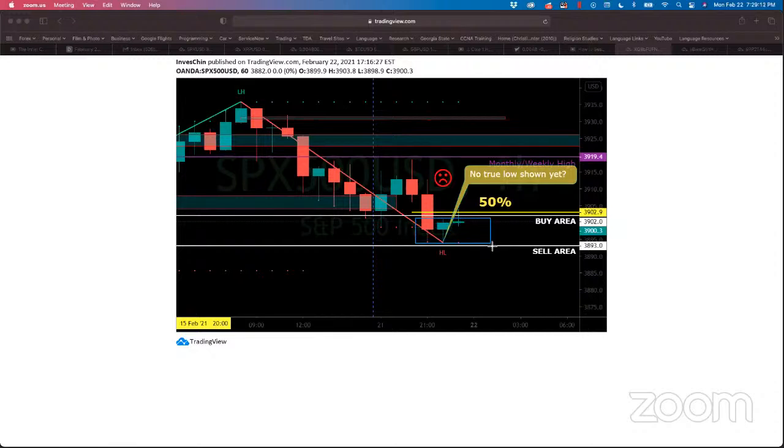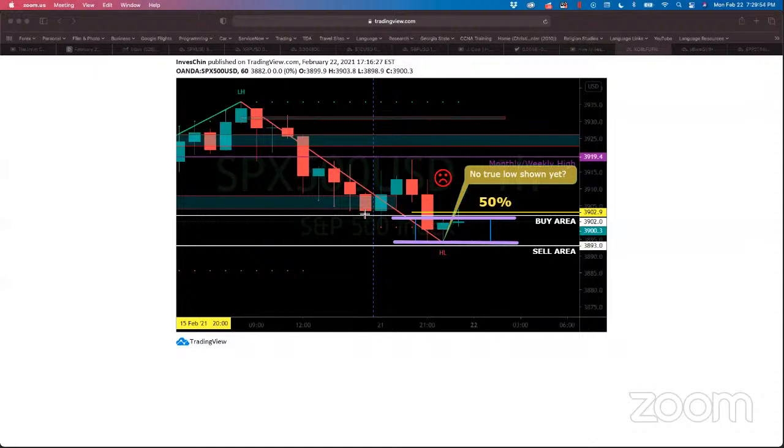I'm going to buy if it goes above here. I don't know if you can see that. Let's use a different color. I'm going to buy if it goes above this. I'm going to sell if it goes below that, right?